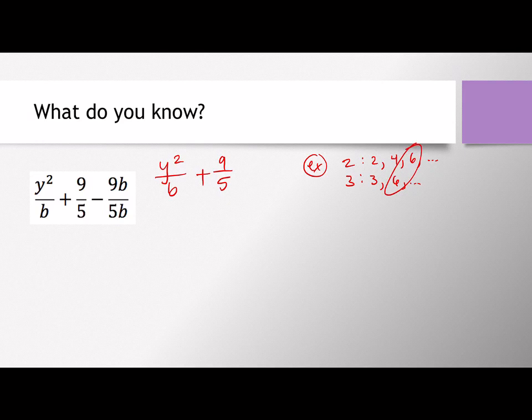So the common denominator can be at least the product of the two denominators.